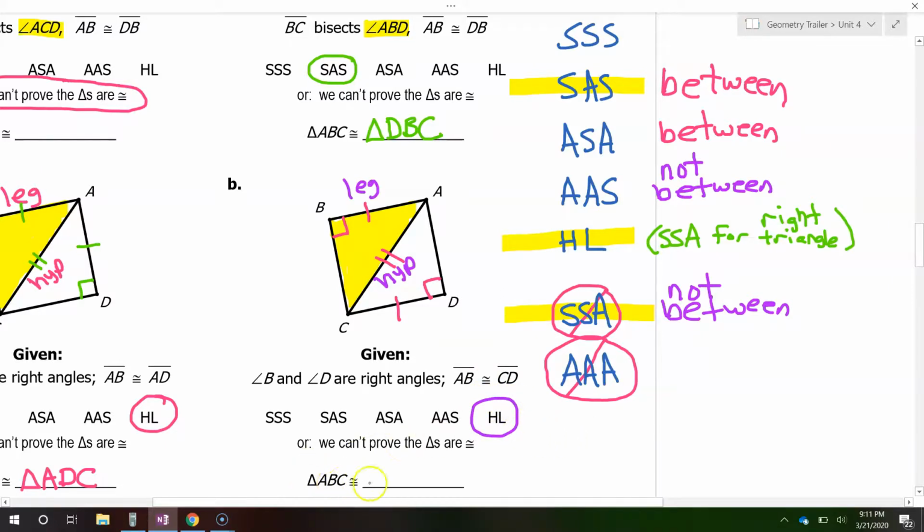Now, triangle ABC is congruent to triangle... So be careful. The yellow triangle and the white triangle are flipped backwards. Do you see that side AB, this leg up here? It's not a mirror image. This side does not match this side.